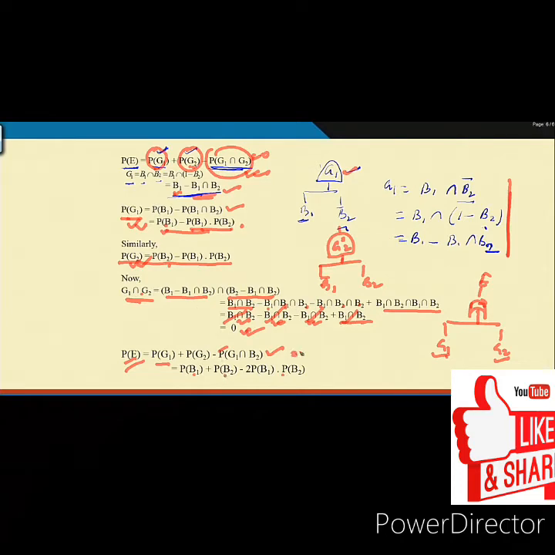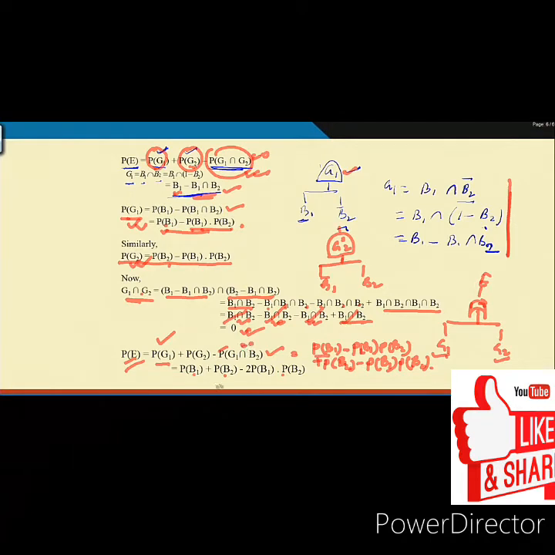So, okay, this can be written like this: PB1 minus PB1 PB2, this is for this part. Then PB2 minus PB1 PB2, then this part is 0.